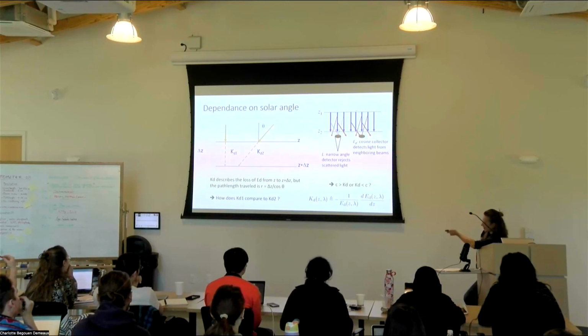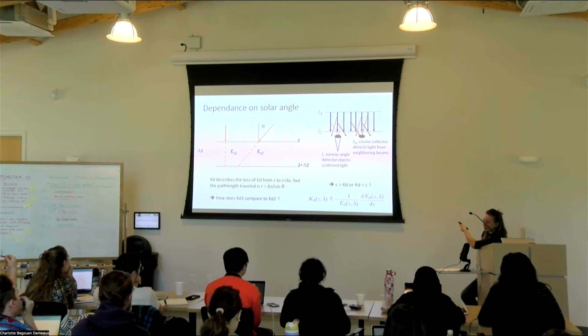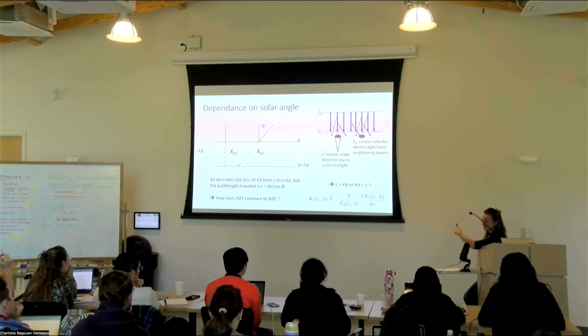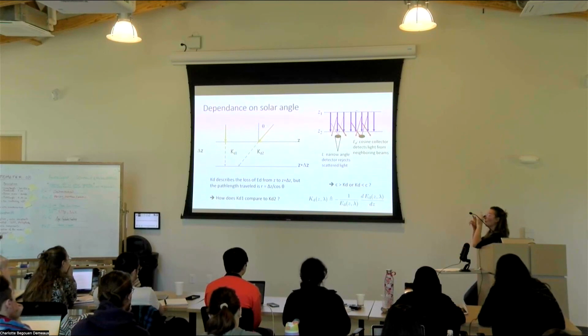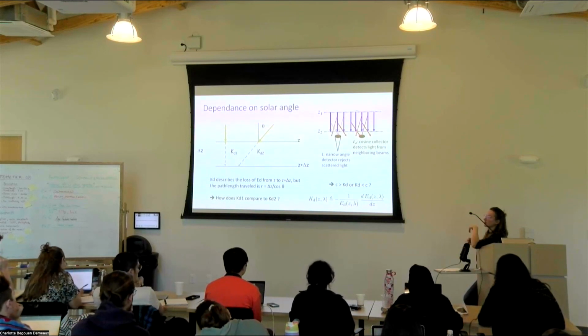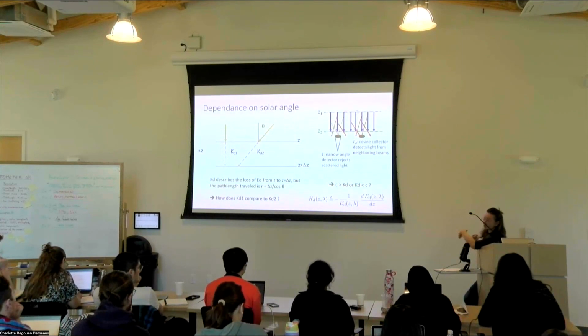Yes, exactly. And this no longer has to do with path length, but just that in ED, you're getting the direct light and the neighboring light that is scattered, so you have more light. So it's going to be attenuated more slowly because you have more.